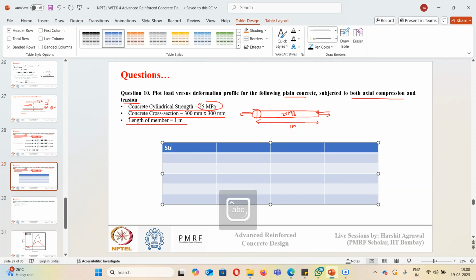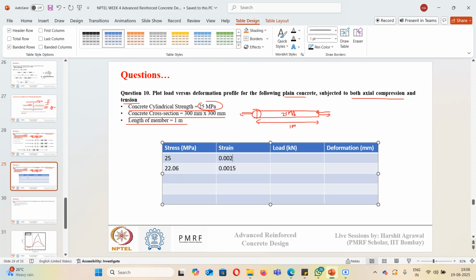So this is my stress in MPa. This is strain. This is load in kilonewton. And this is deformation in mm. Okay, so stress we calculated, the peak was 25 MPa, then 22.06 at strain of 0.0015.